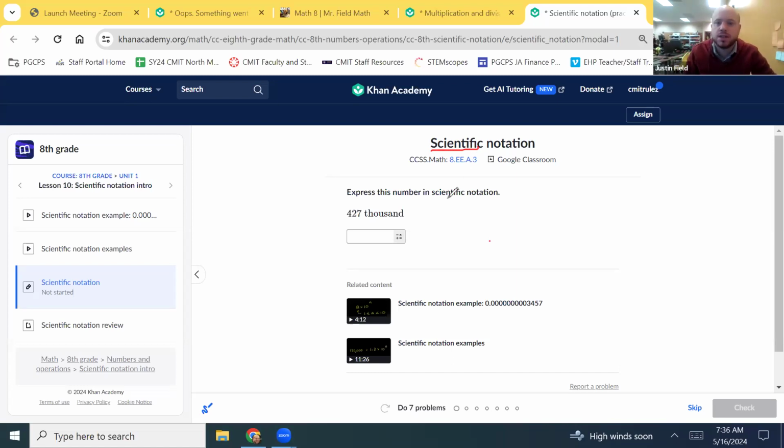They use scientific notation, which is that times 10. So scientific notation is a base number times 10 to an exponent.